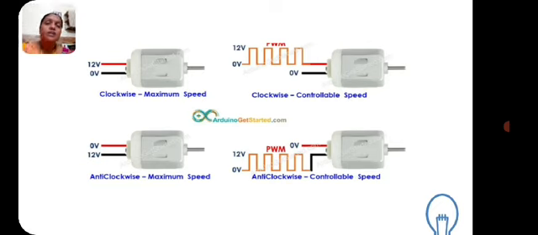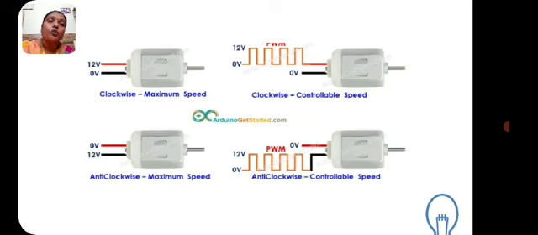Next, if we want to control the speed, we can use PWM, that is pulse width modulation. For clockwise direction and controllable speed, the output from the PWM pin of the Arduino is connected to the DC motor.